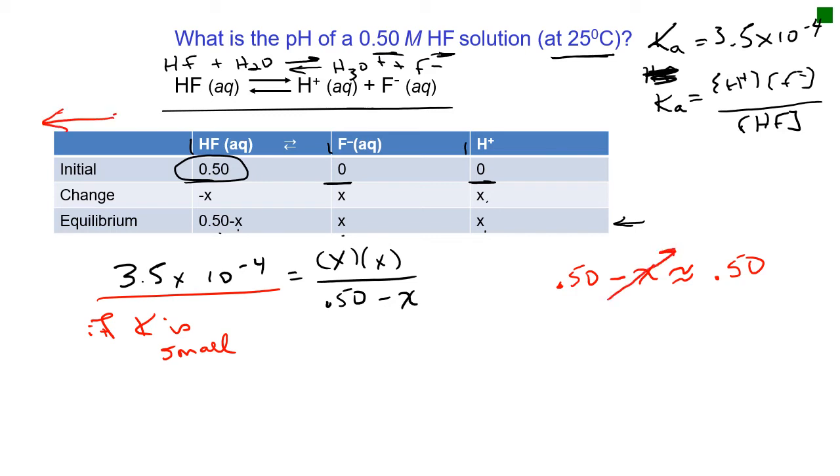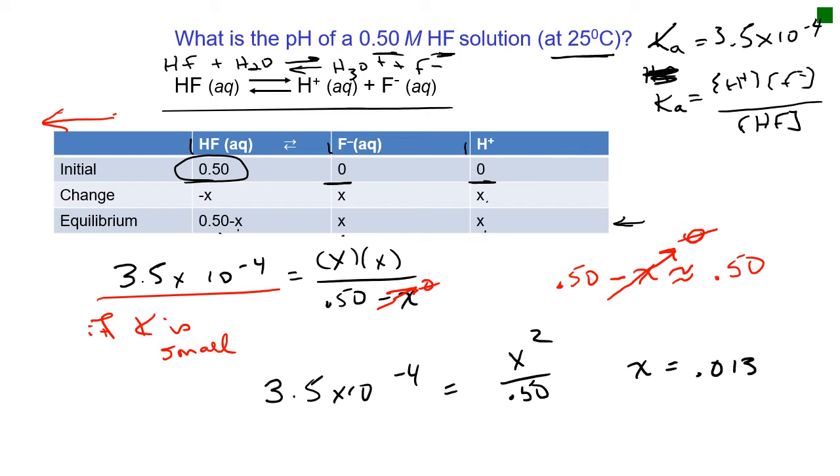So we're going to set that X value right there equal to 0. Now, this dramatically simplifies our math because now we have 3.5 times 10 to the minus 4 is going to equal X squared over 0.5.